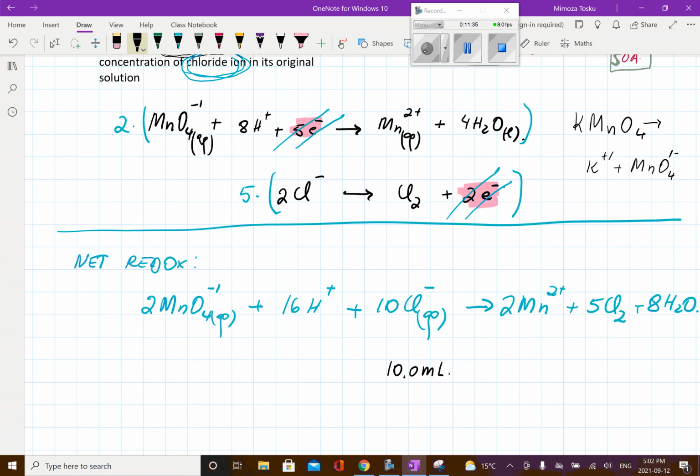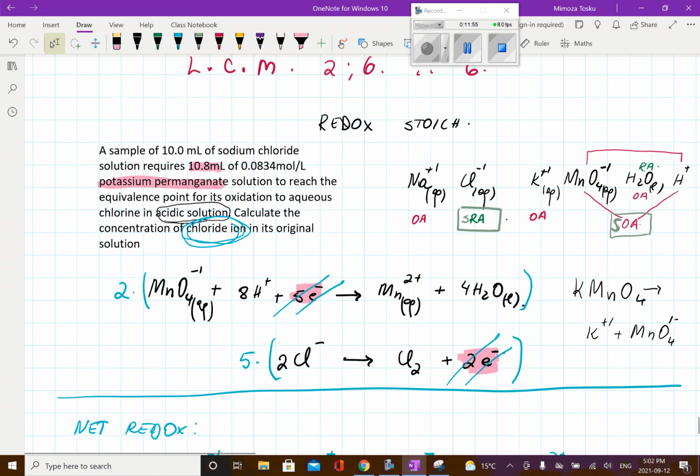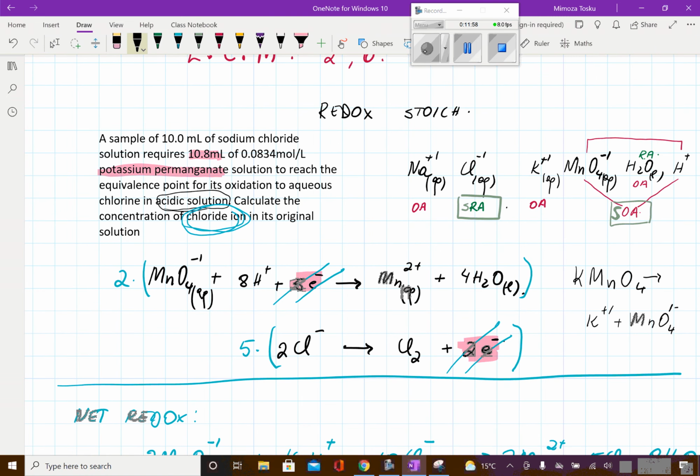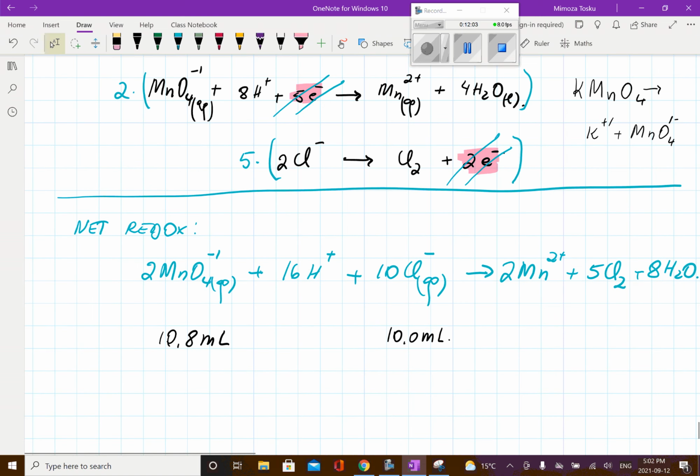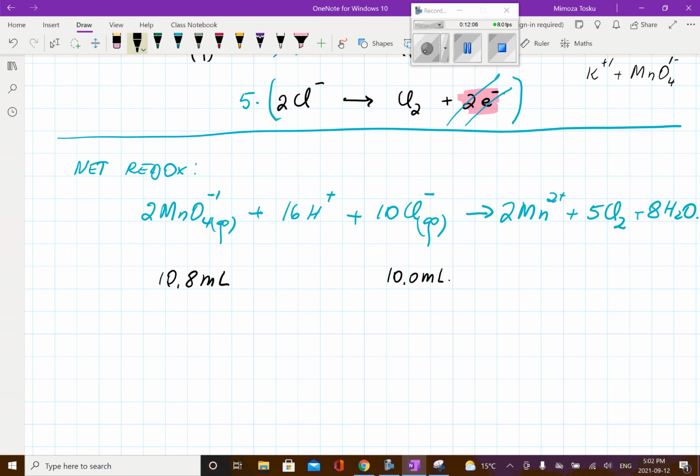So again, the volume of permanganate is the same as the volume of the potassium permanganate. Okay, so this was 10.8 milliliters as well, and the concentration is 0.0834 moles per liter, and it is a 1-to-1 ratio, so it is the same thing.